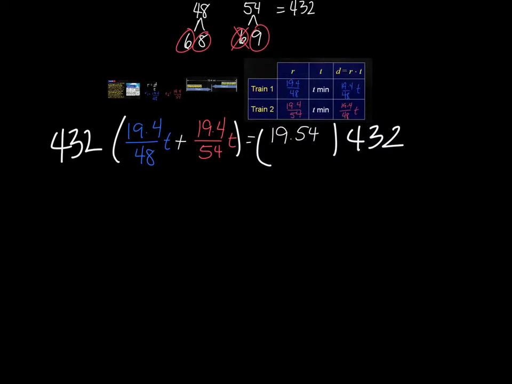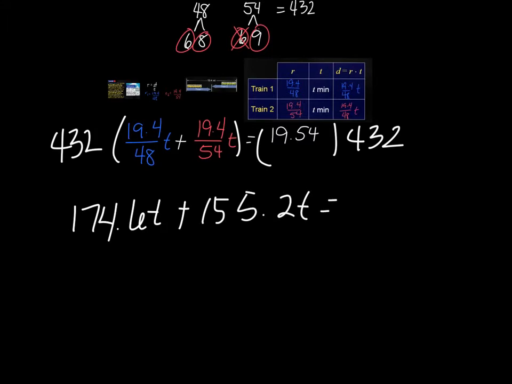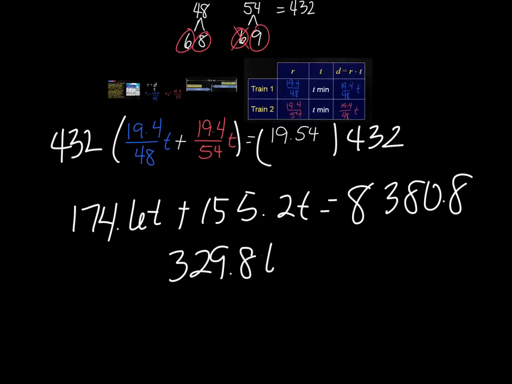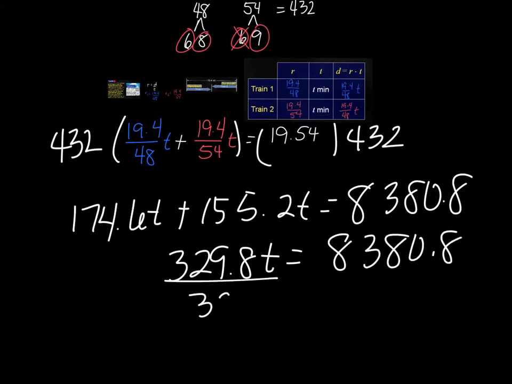When we distribute, we're going to have 174.6t plus 155.2t equals 8,380.8. Combine our like terms, we get 329.8t equals the same number. And divide by 329.8.